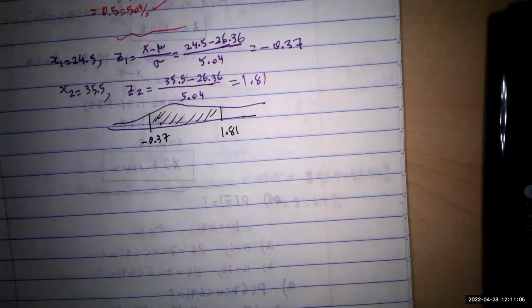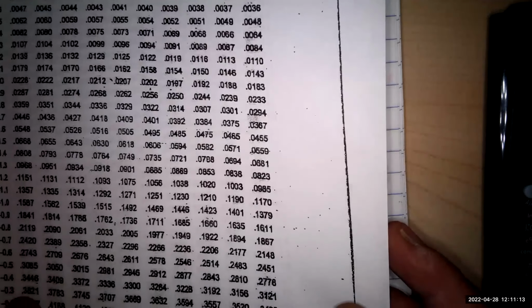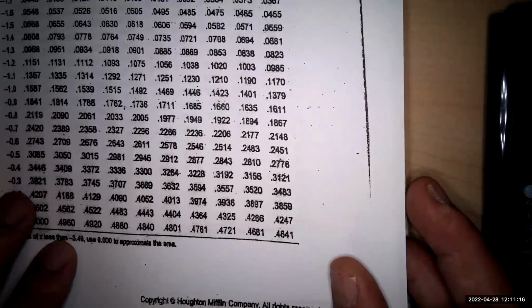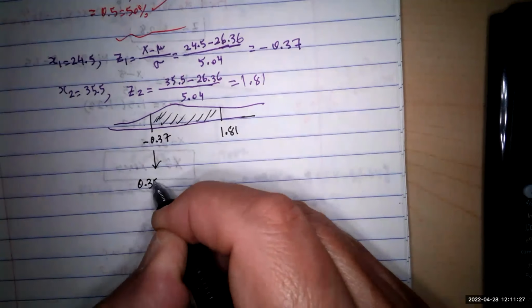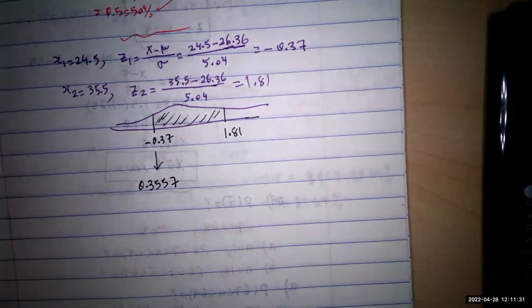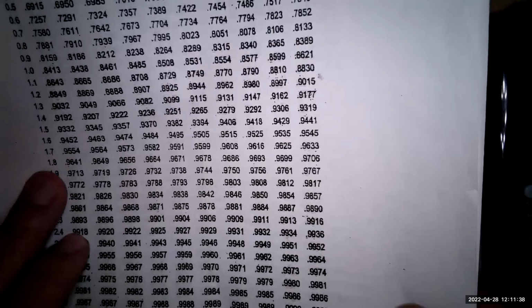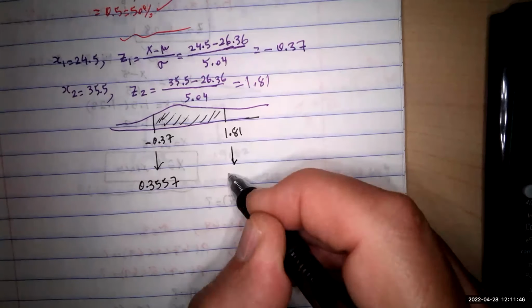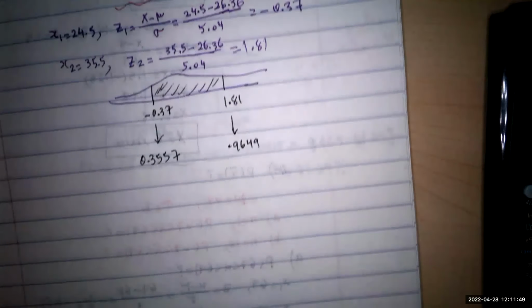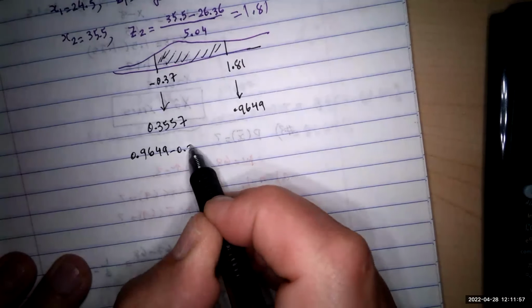This is your Z table for the negative 0.37, which gives 0.3557. Then for 1.81, it gives 0.9649. We subtract, so it's going to be 0.9649 minus 0.3557.